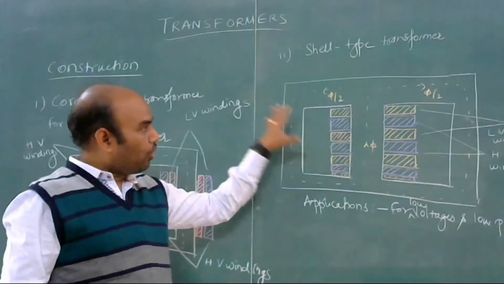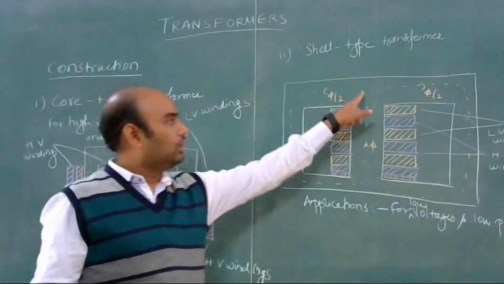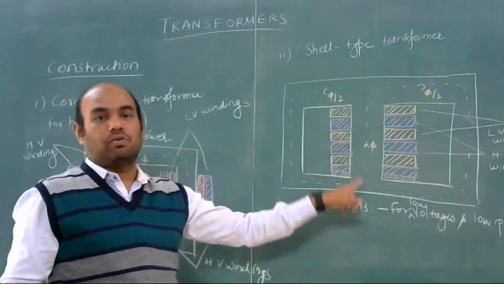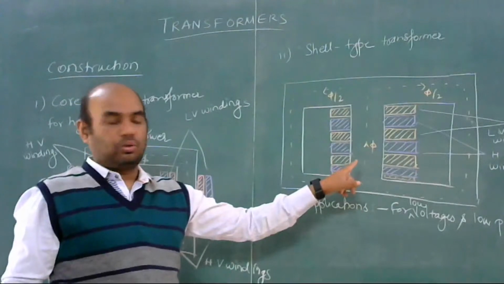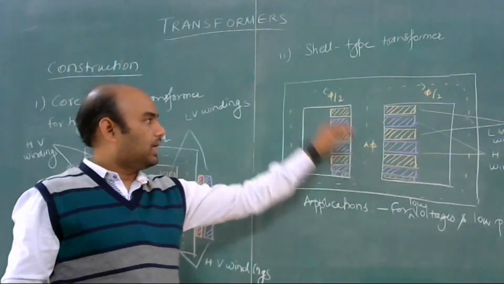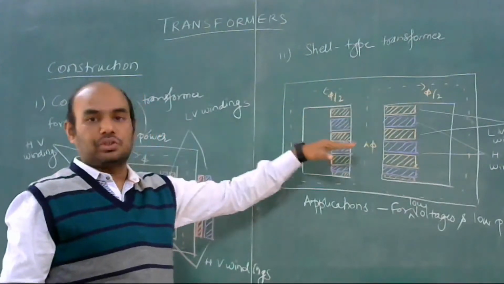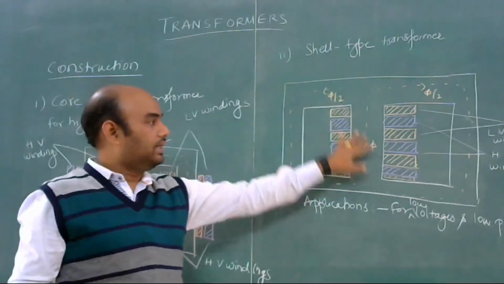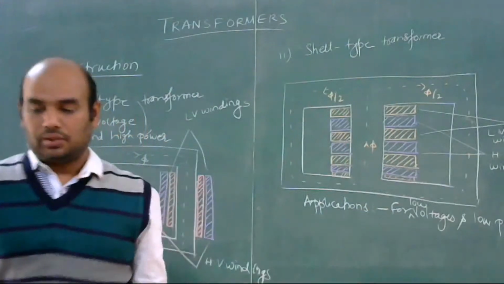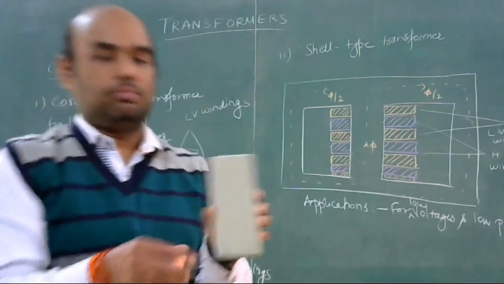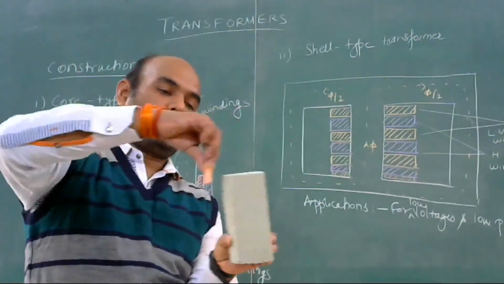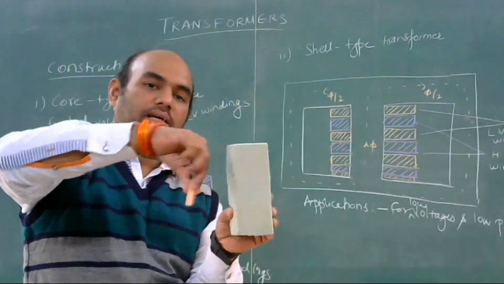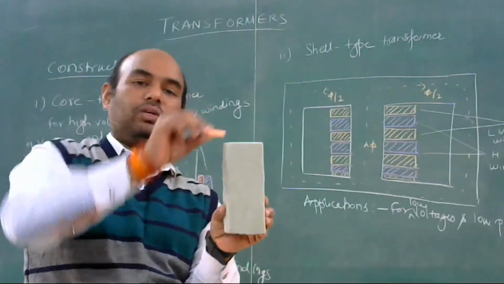All windings are wound in the central limb or middle limb of the transformer. They are separated through laminations. They are not connected electrically. They are magnetically coupled. So here there is central limb like this, and first we wound LV winding, then HV, then LV, then HV, then LV, and then HV, and so on.